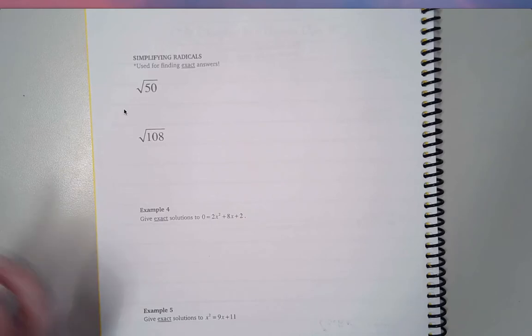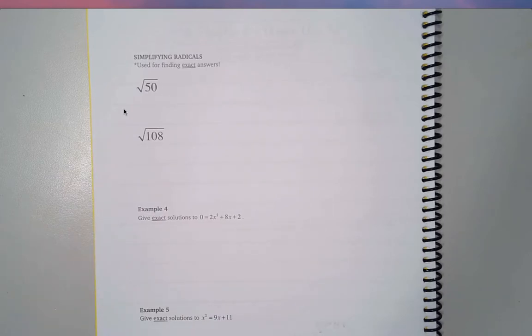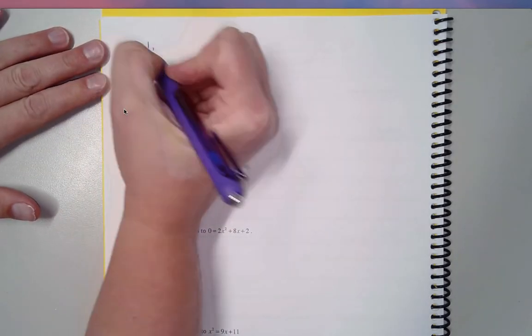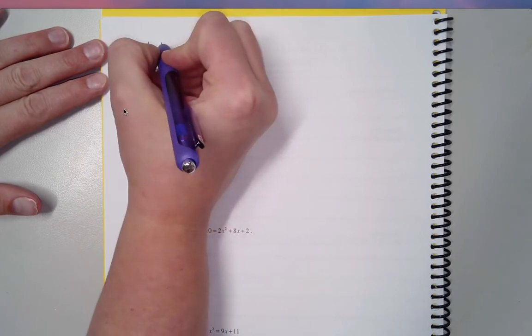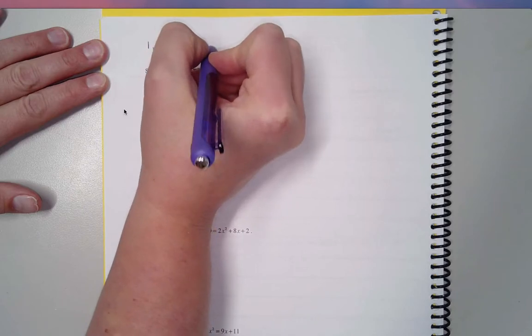So what this counts on very heavily is you knowing your perfect squares. Okay, so we're going to make a list of them at the top of the page. So when I say perfect squares, I'm talking about 1 squared is 1, 2 squared is 4, 3 squared is 9, 4 squared is 16, and so on.